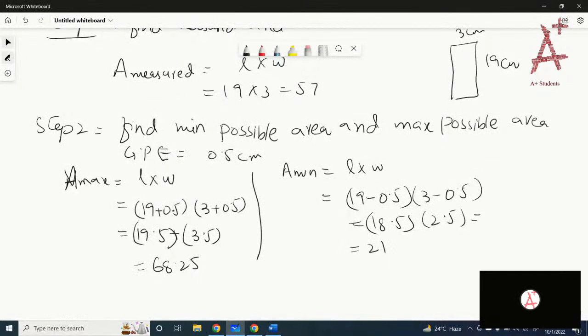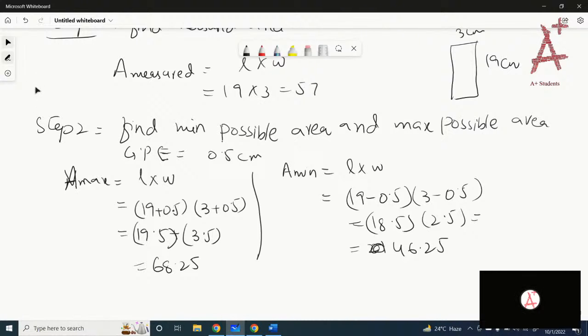Sorry, you have to multiply them. 18.5 times 2.5, it is 46.25.